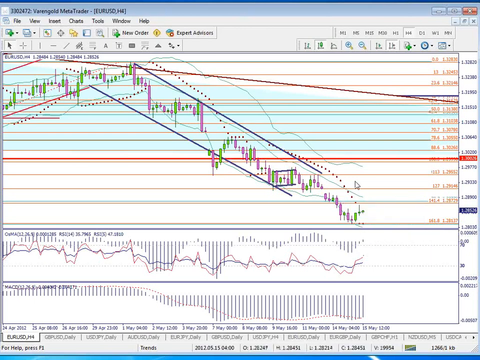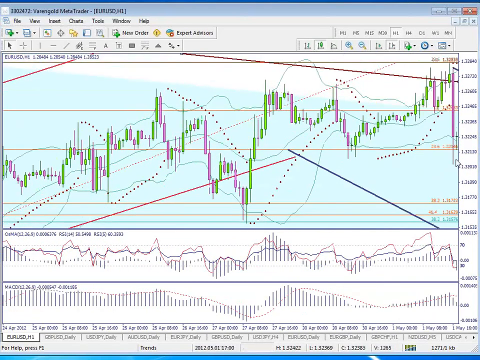We can see a bigger move if the pair will cross the middle Bollinger Band. So until the pair will stay under the Bollinger Band, I think that the pair will continue the downtrend.